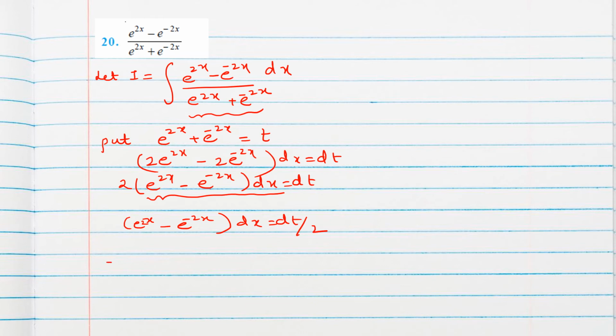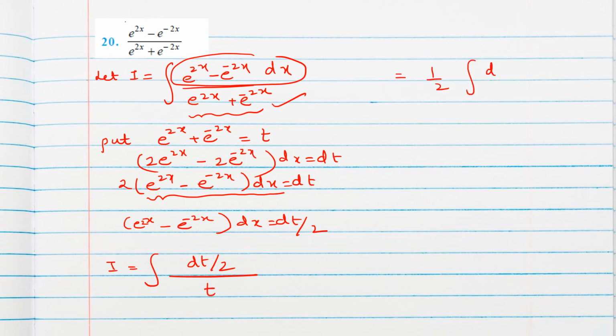So now our integral will become dt by 2 divided by t for the denominator. So half dt by t. So the integration of 1 by t is log mod t plus c. So we can resubstitute the value: half log of e power 2x plus e power minus 2x, plus c.